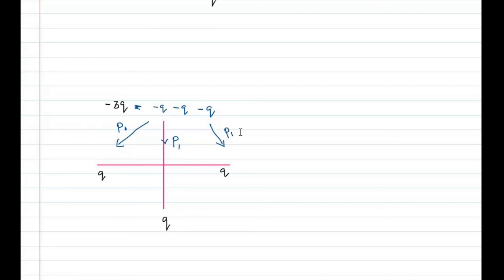Now if we check the directions, this P1 and P1 are equal but opposite, so both get cancelled, and the resultant is only this p vector along the minus j cap direction.